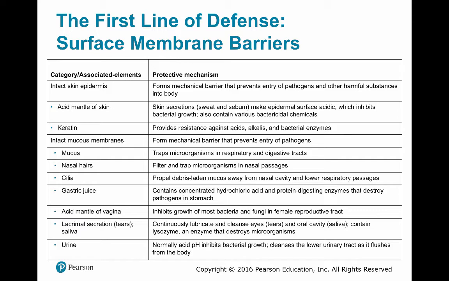Basically the pH level in the vagina is very important. It helps inhibit the growth of most bacteria and fungi in the female reproductive system. This is the reason why a lot of times there's a big push against douching, because douching can cause a change in the pH. And with the change in the pH, it can help to harbor bacteria there and increase growth.